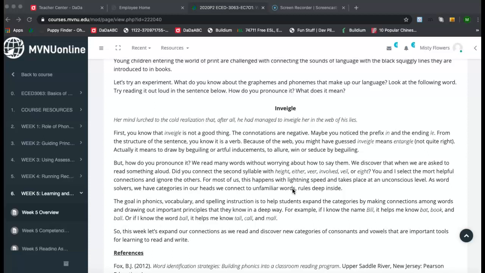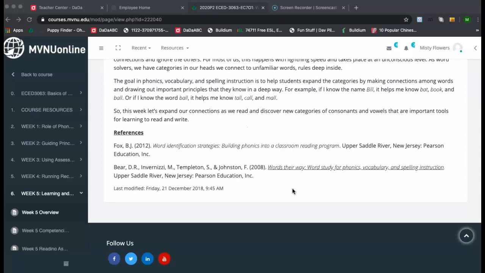Or if I know the word ball, it helps me to know tall, call, and mall. So this week we're going to expand our connections as we read and discover new categories of consonants and vowels that are important tools for learning to read and write.